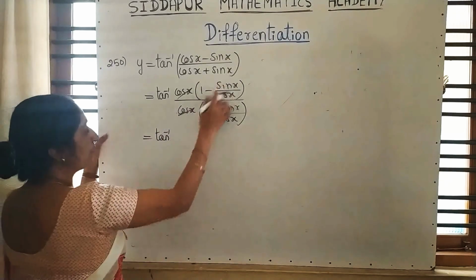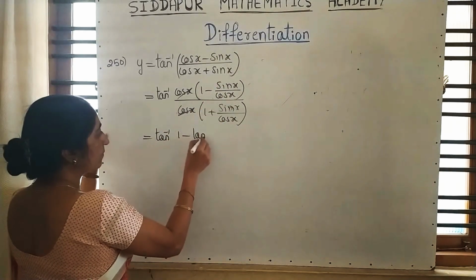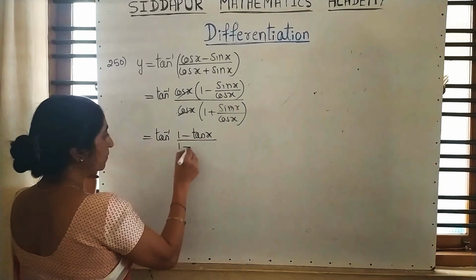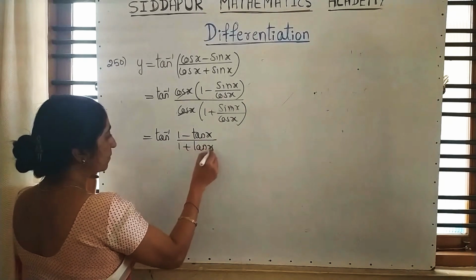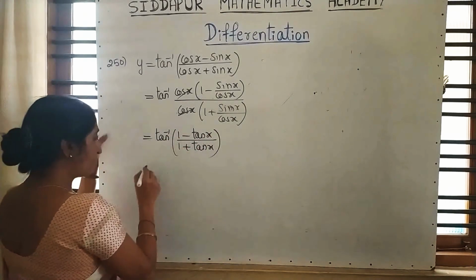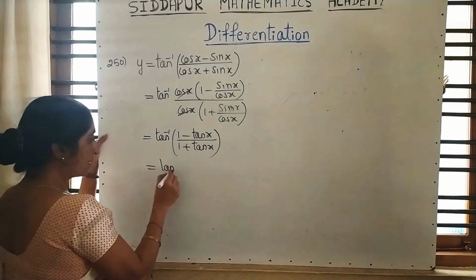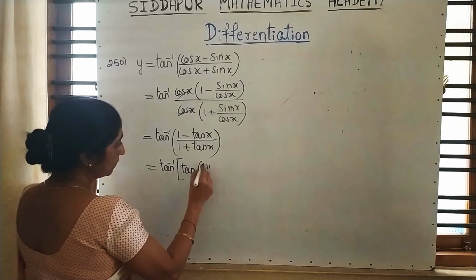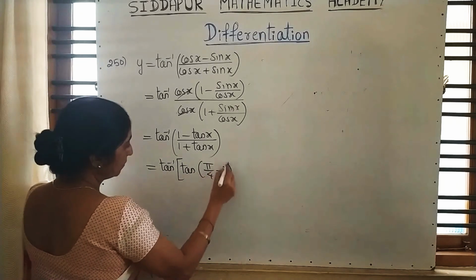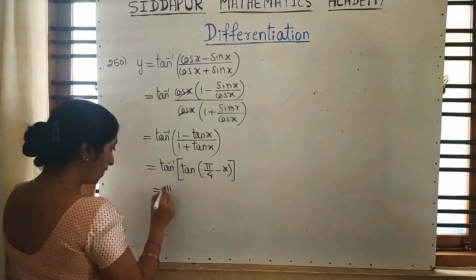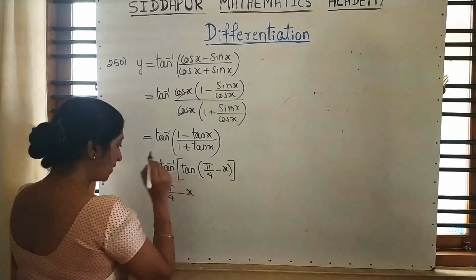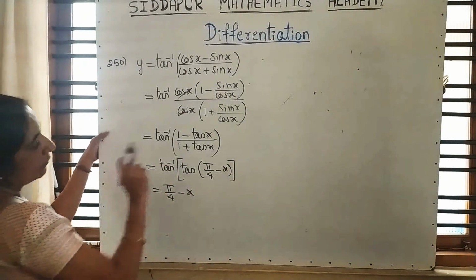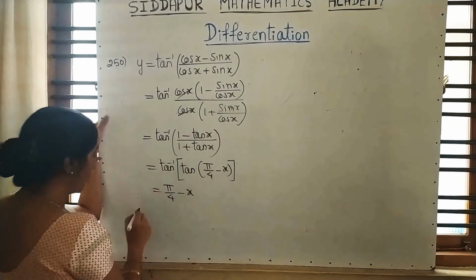Tan inverse, sin by cos is tan. And already you are familiar, the formula for (1 minus tan x) upon (1 plus tan x). Tan inverse and tan get cancelled. Pi by 4 minus x. If it is x, x comes; if theta, theta comes.